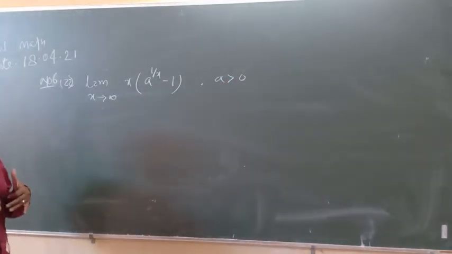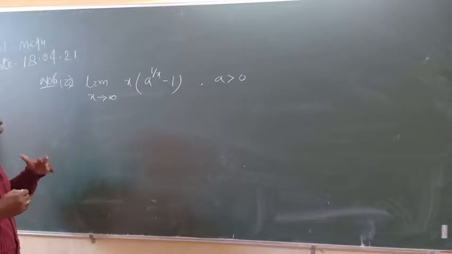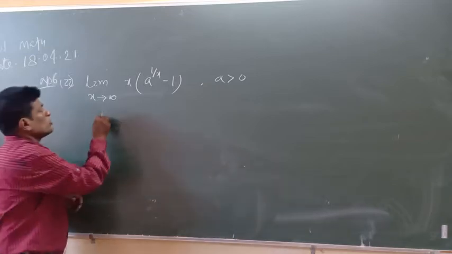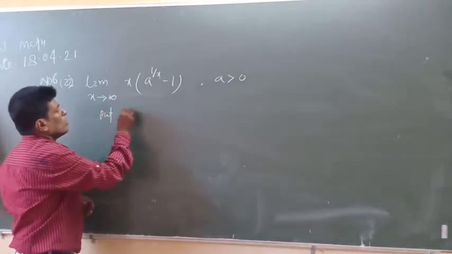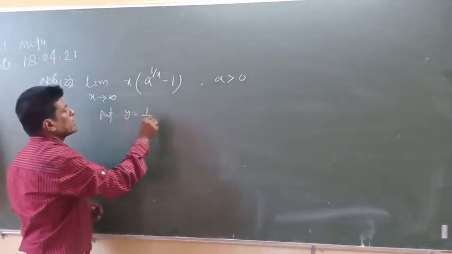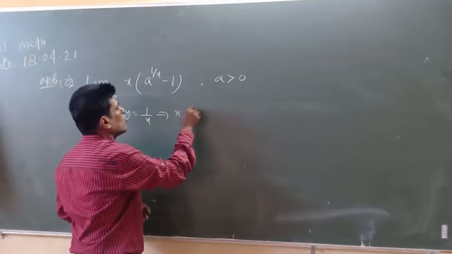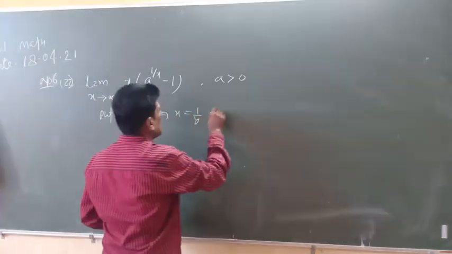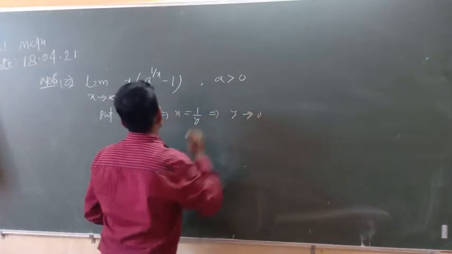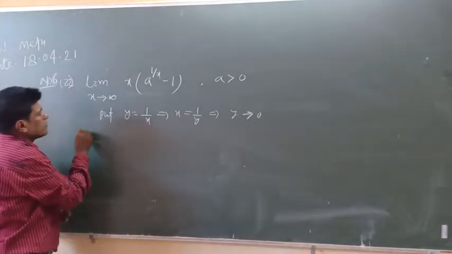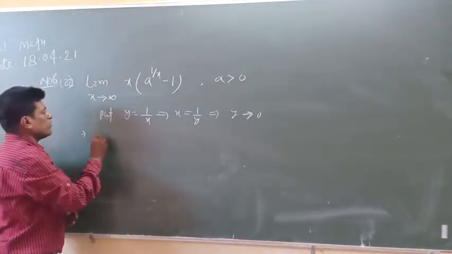The same procedure which I told you about in part i, we can adapt in this case also. That is, put y is equal to 1 by x, that implies x is equal to 1 by y, that implies y tends to 0. You put here the limit transform from x to y form.